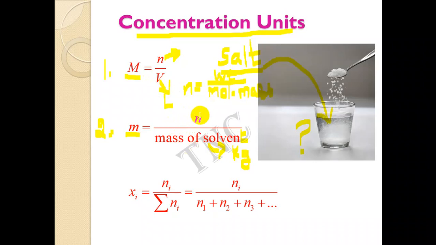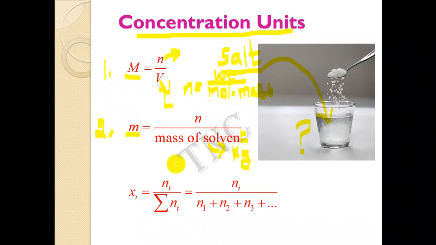So the number of moles as well as the mass are both independent of temperature. That means molality is independent of temperature, whereas molarity is dependent on temperature. Molarity would vary when you change the temperature, right? This is the main difference between molarity and molality.